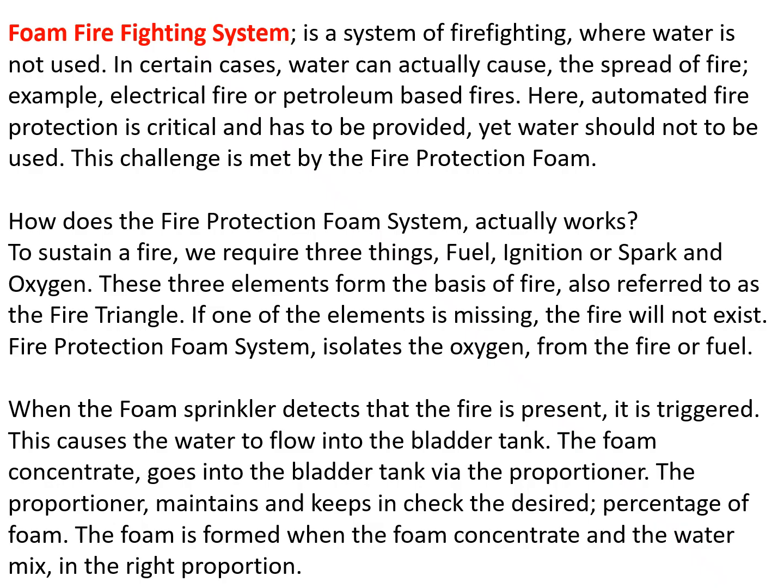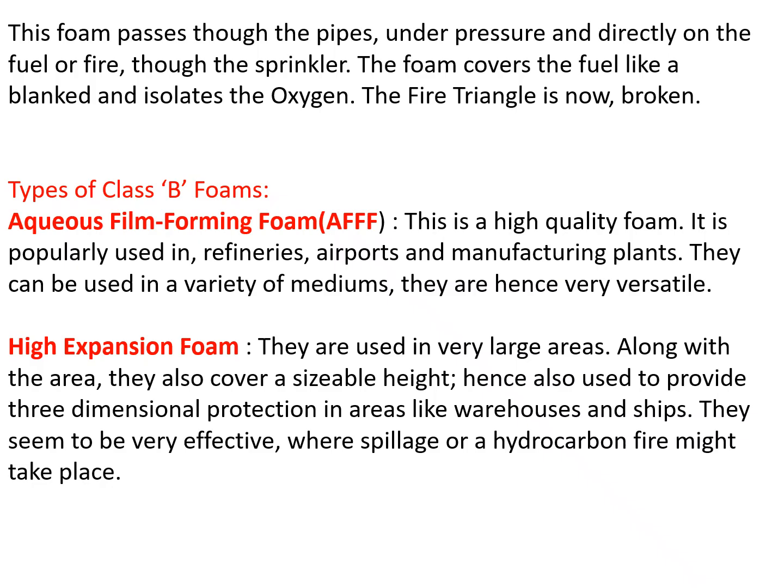The foam is formed when foam concentrate and water mix in the right proportion. The foam passes through the pipes under pressure and goes directly on the fuel or fire through the sprinkler. The foam covers the fuel like a blanket and isolates the oxygen. The fire triangle is now broken.